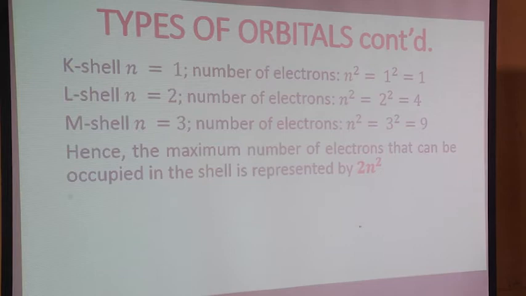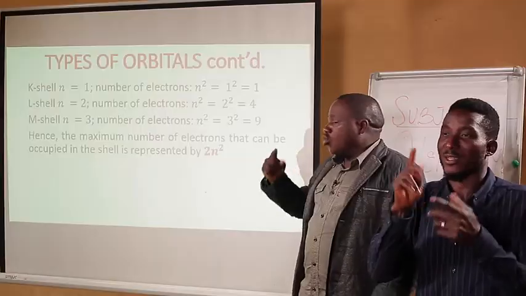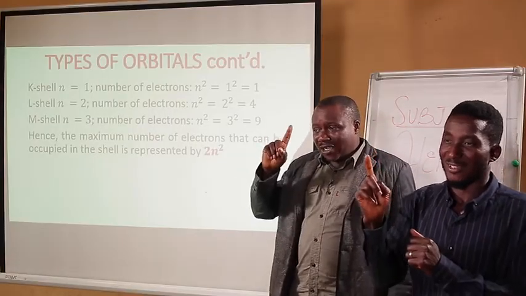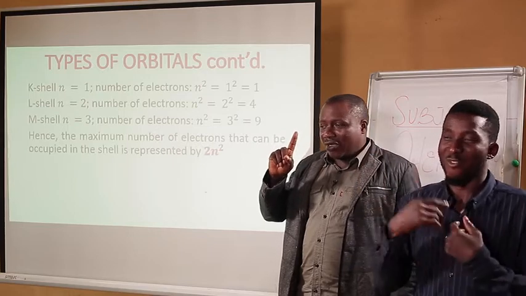If n is 1, then n squared will be 1 times 1, which is equal to 1. No wonder under the first shell, the K shell, we only have 1 orbital, only 1 room, in other words.